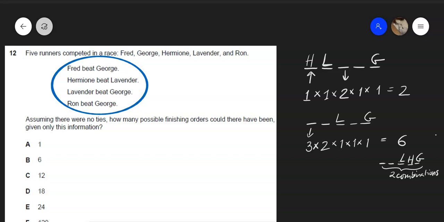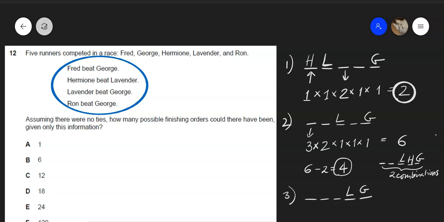And therefore, when Lavender is in the third place, we have 6 minus 2, we have 4 possible combinations. So we've got 2 combinations from the first case, 4 combinations in the second case. Let's mark them. Case 1, case 2, and there is a third case when Lavender is in the fourth place.